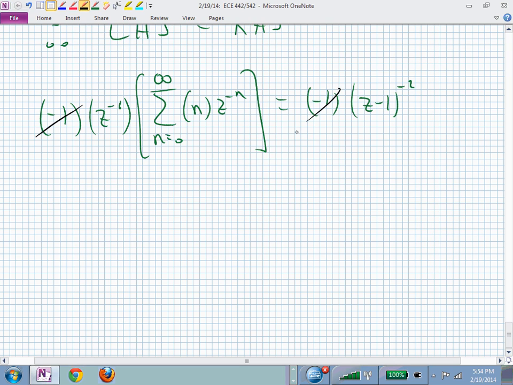And I can cancel the minus 1s. I can multiply both sides by z, and that will now isolate that square bracketed expression.